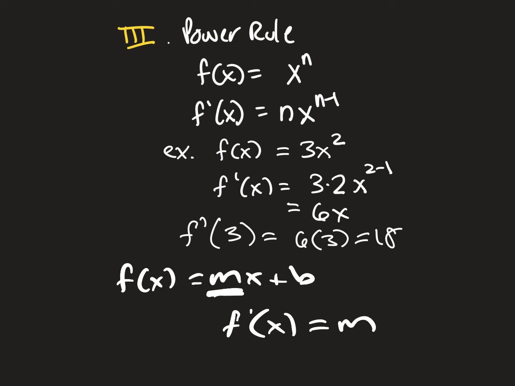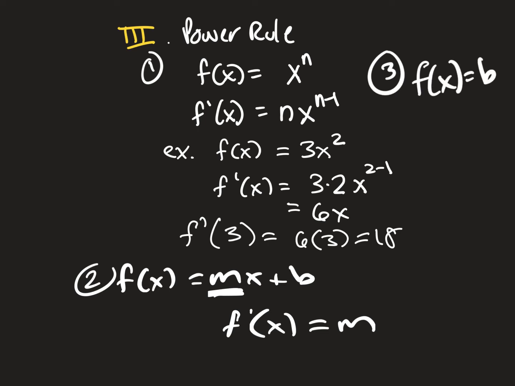And the third thing we said is the derivative of a constant, we'll just call it b. That derivative, no matter what the constant is, the derivative is always 0. So we did some practice with those, and then again, practice finding a derivative at a specific point and finding the equation of the tangent line.